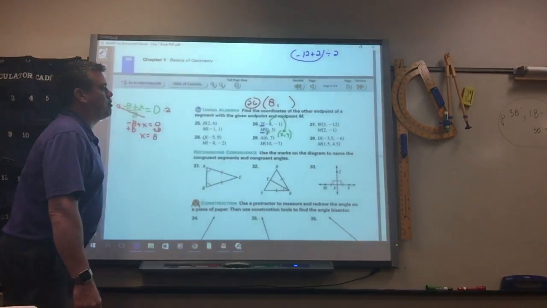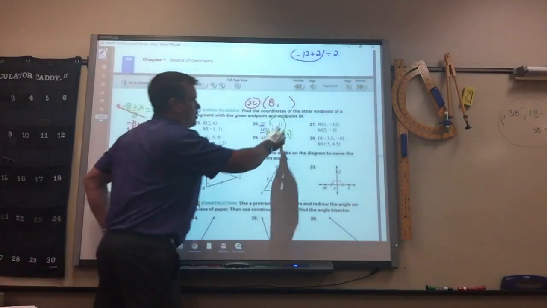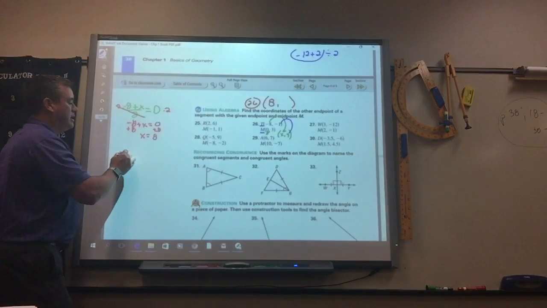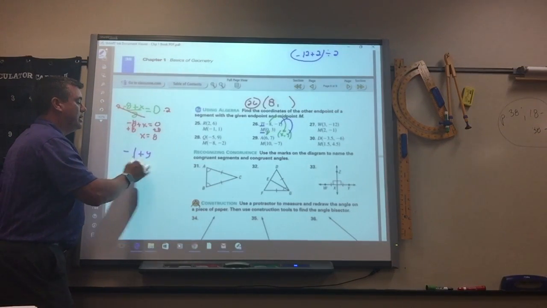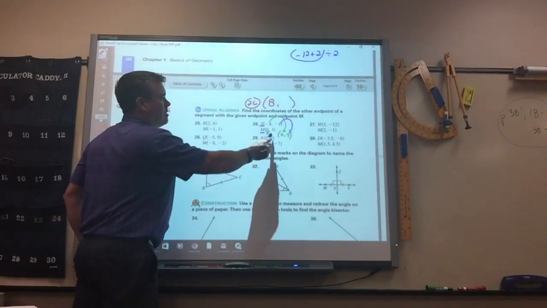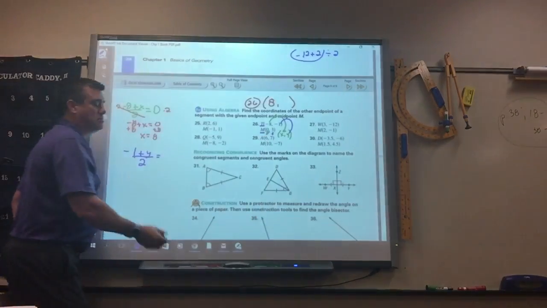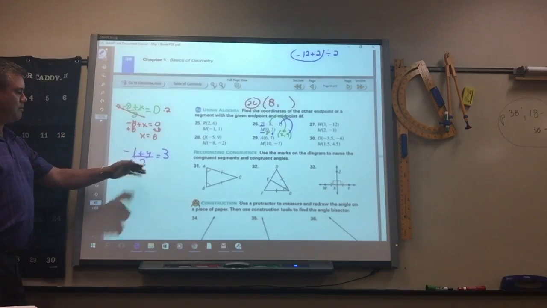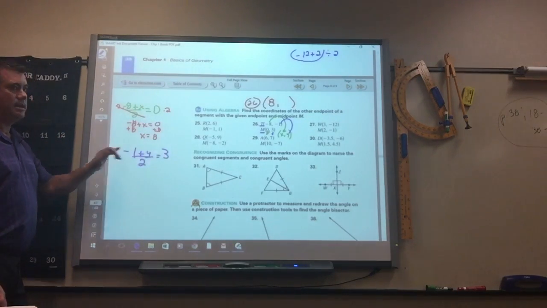Then, for the y, you take the endpoint y plus the endpoint y, negative 1 plus the 1 we didn't know, divided by 2 turned out to equal 3, the midpoint. So you get the same type of equation, you solve it the same way, take it times 2, and then add 1.